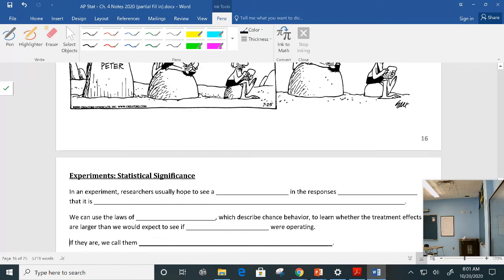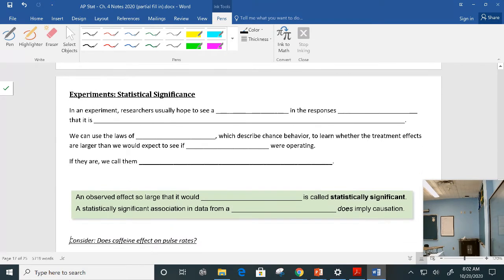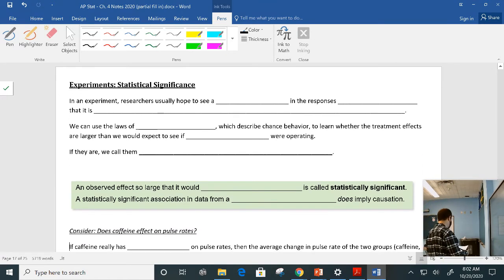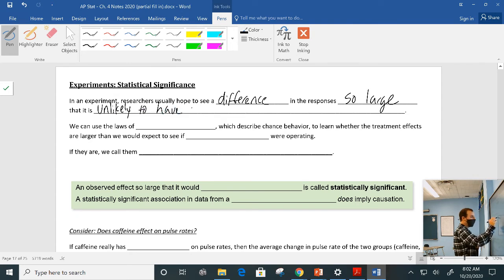Last thing in the notes for today deals with what it means for statistical significance to occur. So in an experiment, researchers hope to see a difference in the responses so large that it is unlikely to have happened by chance variation alone.